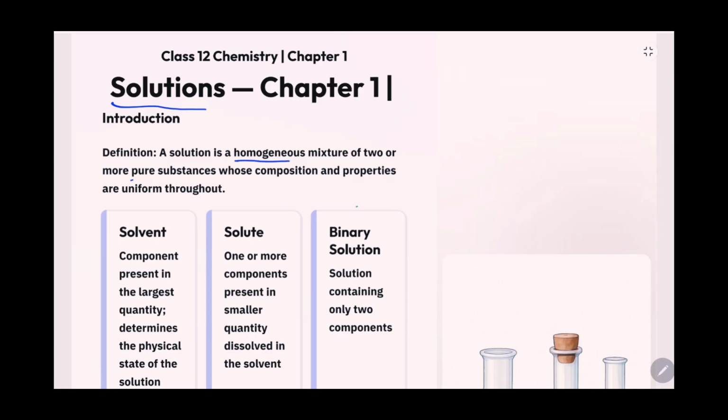So the most important words over here are homogeneous, and it must essentially have two substances minimum, or we can have more also, and they have to be pure, whose composition and properties are uniform throughout.